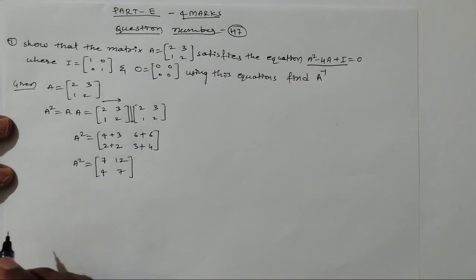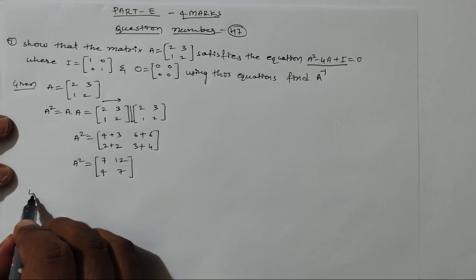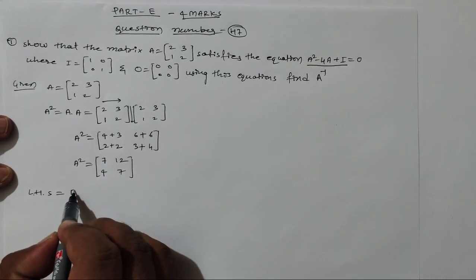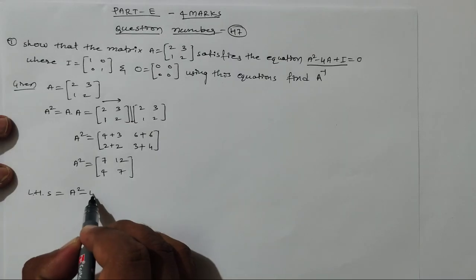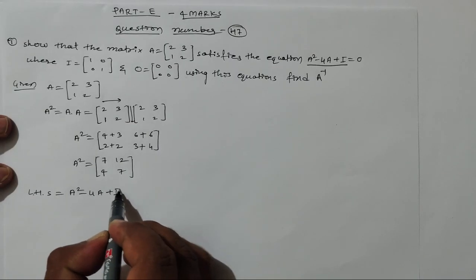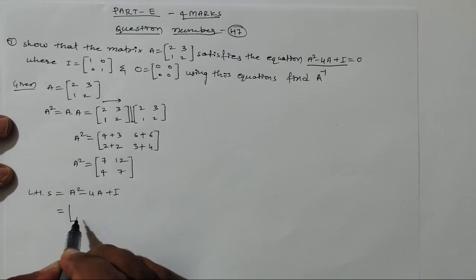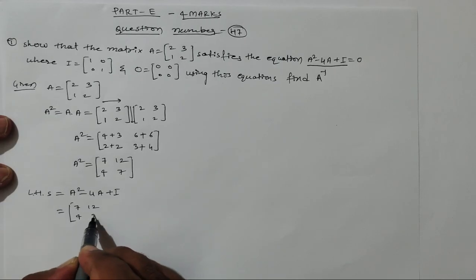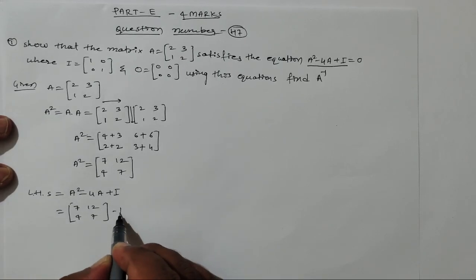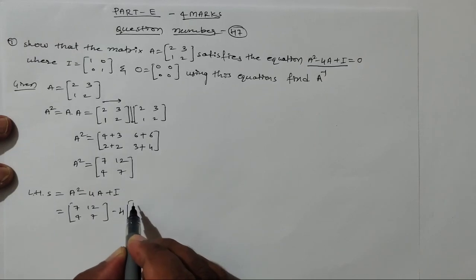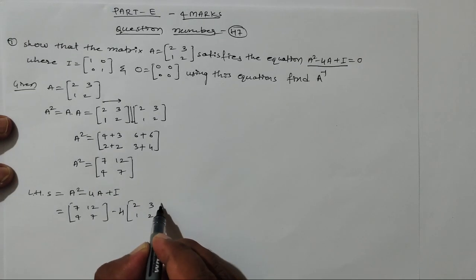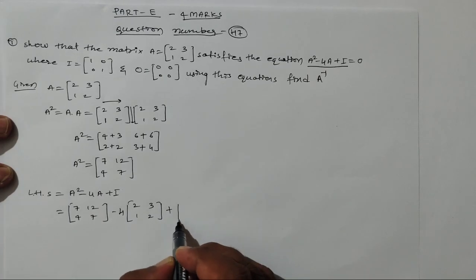Next, take the LHS side. What is LHS? A square minus 4A plus I. A square is [7 12; 4 7] minus 4 into A matrix, [2 3; 1 2], plus identity matrix [1 0; 0 1].